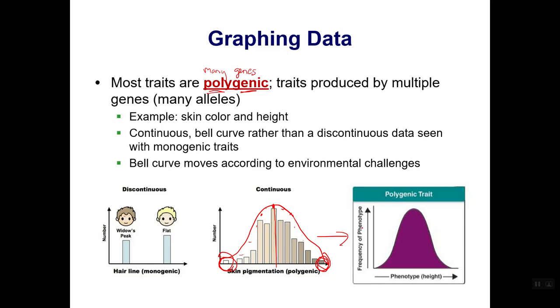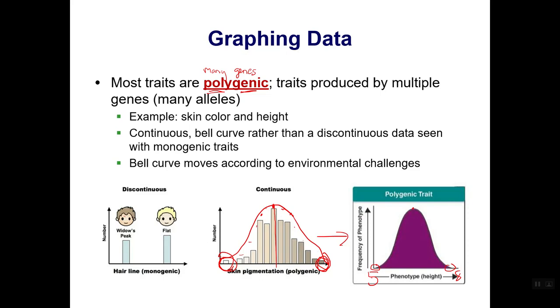So this one specifically is for height. So this would be, let's say, 5 foot, and this would be 8 foot. All right, so most people would be somewhere in the center, and relatively few people are over here, relatively few people over there, and everyone else kind of falls in between.